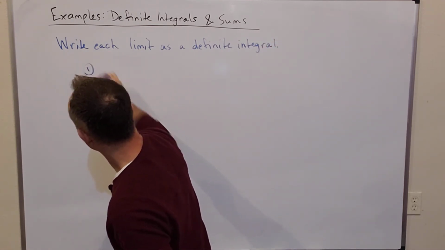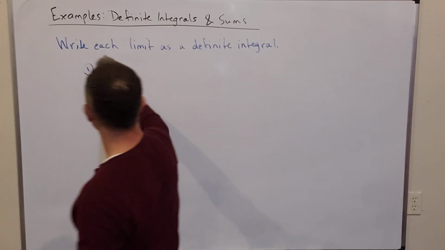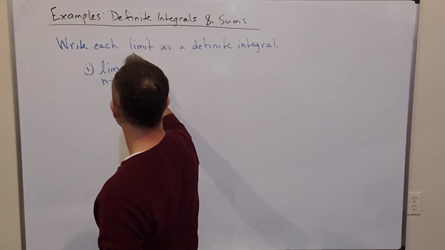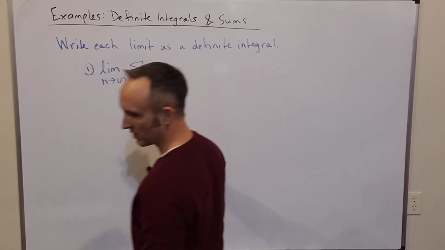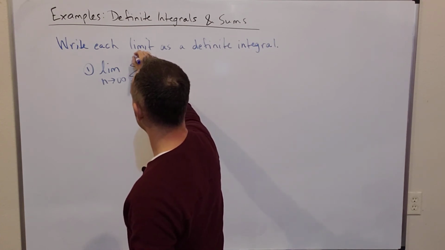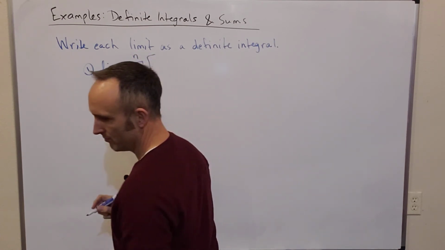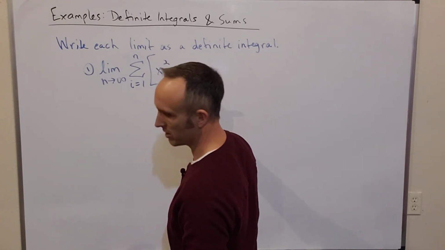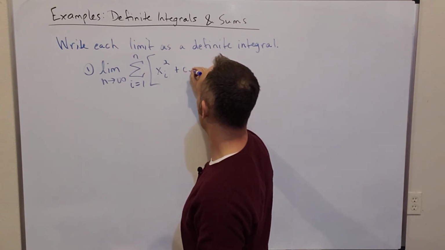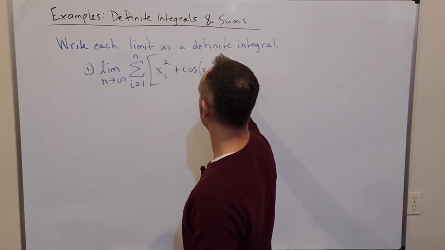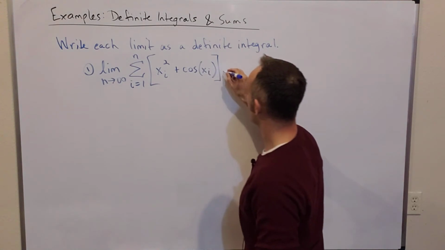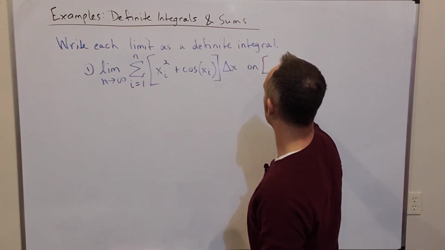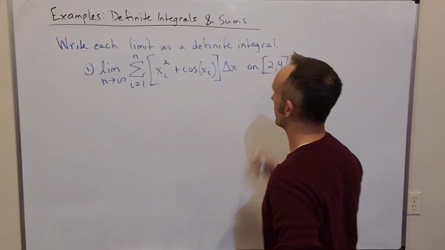So, number 1, well, let's look at the limit as n goes to infinity of the sum from i equals 1 to n of the expression x sub i squared plus the cosine of x sub i times delta x on the closed interval from 2 to 4.